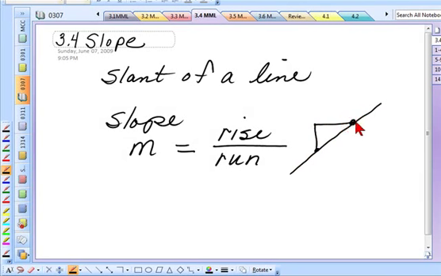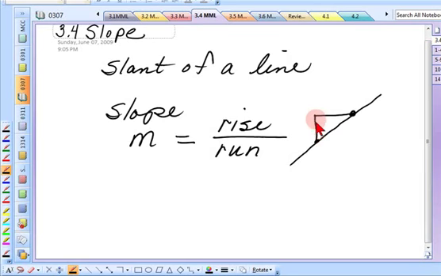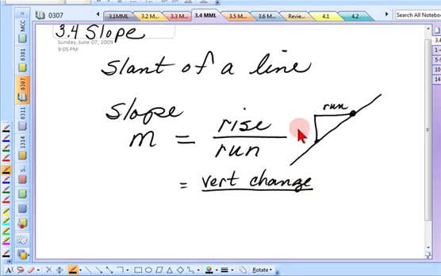So it's how much you have to go up compared to how much you have to go over. A rise, in the sense of graphing, is a vertical change, compared to the run, which is the horizontal change.